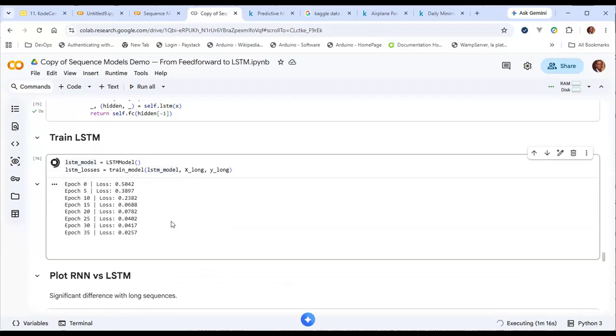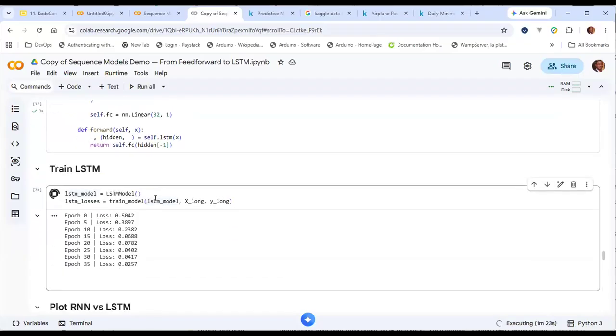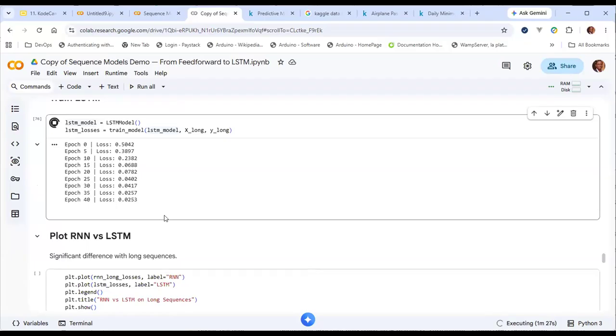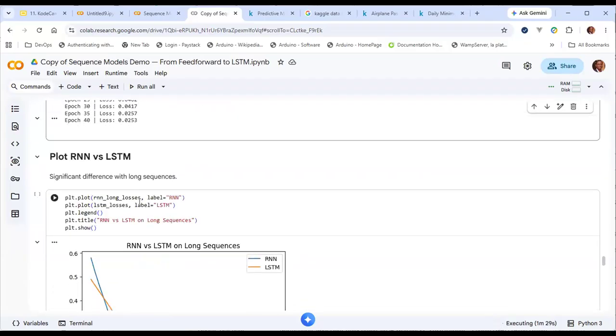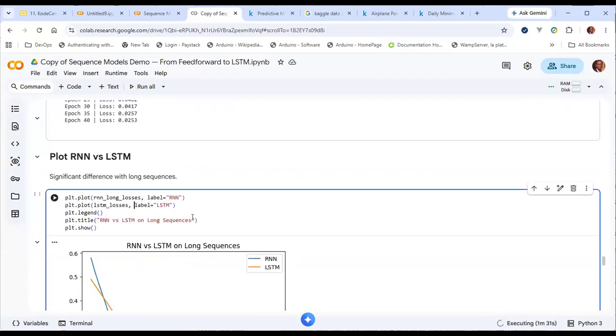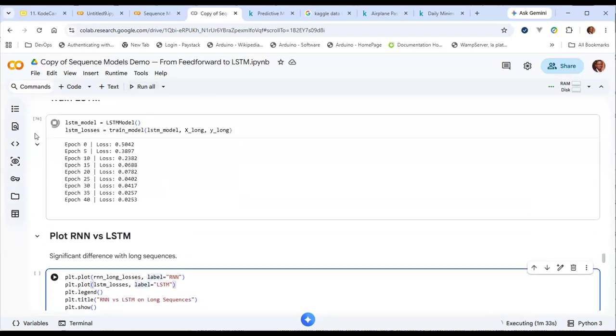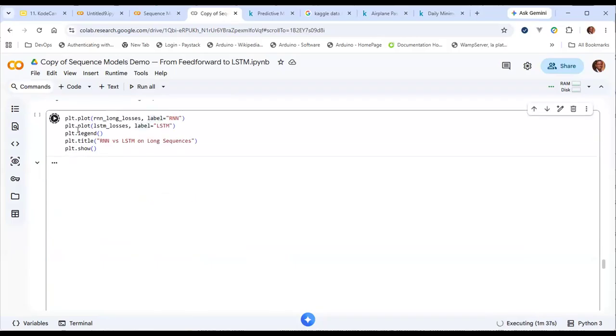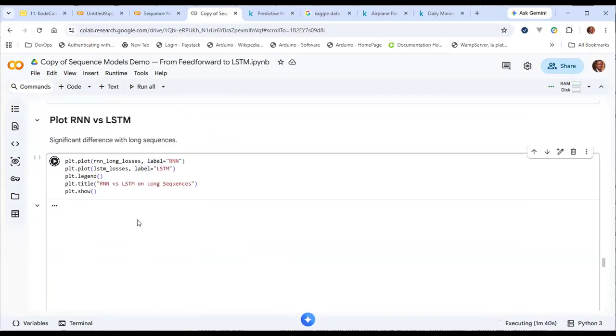That is where you start seeing the difference between them. Okay, so let's just continue, and when this is done, we'll see the plot of the recurrent neural network against the LSTM.